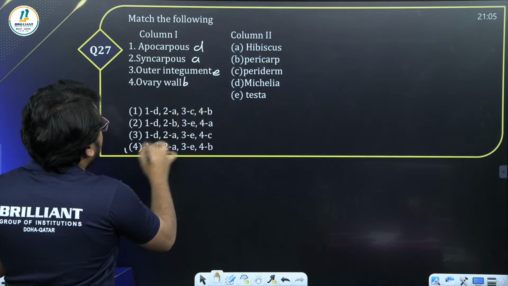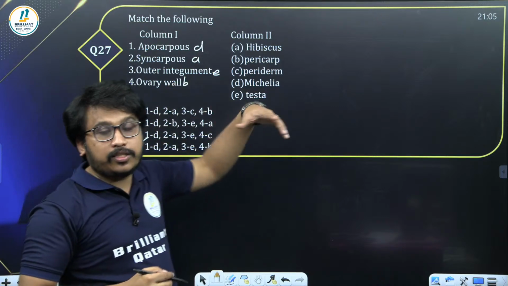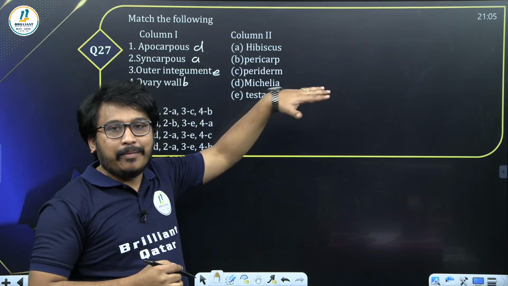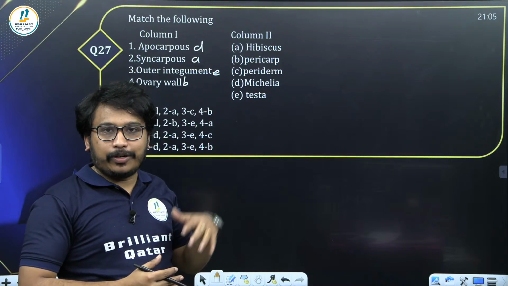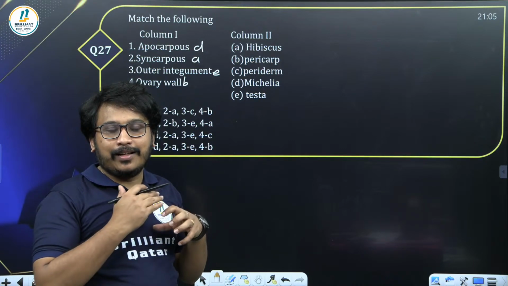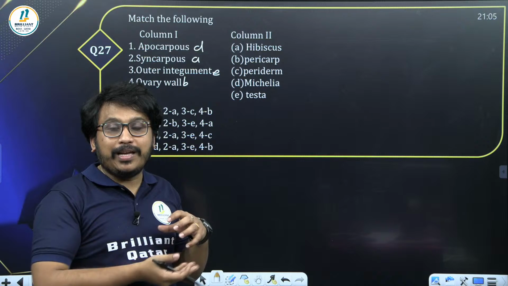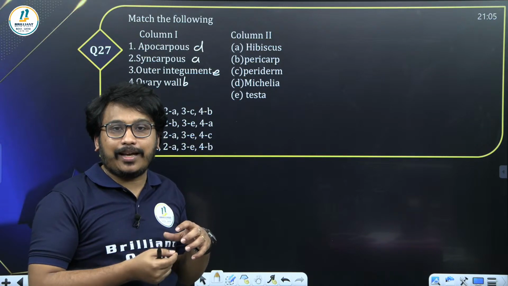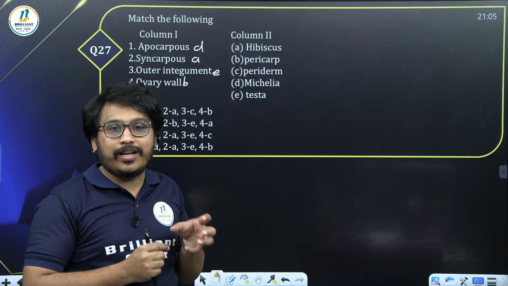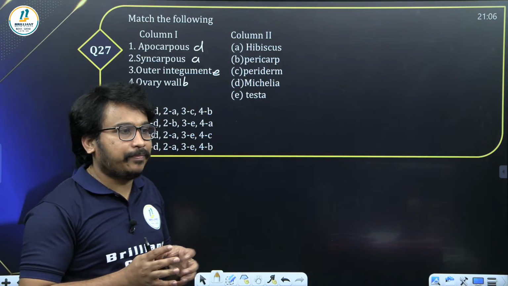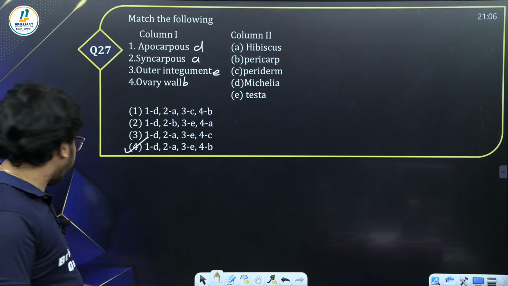I think you might have learned this in morphology of flowering plants in grade 11. Pericarp is well differentiated in fleshy fruit. Outer layer in mango, that is the epicarp that you peel out, and the middle fleshy layer that you are eating, that is the mesocarp, and the inner stony layer, that is the endocarp. Hope you got this much.